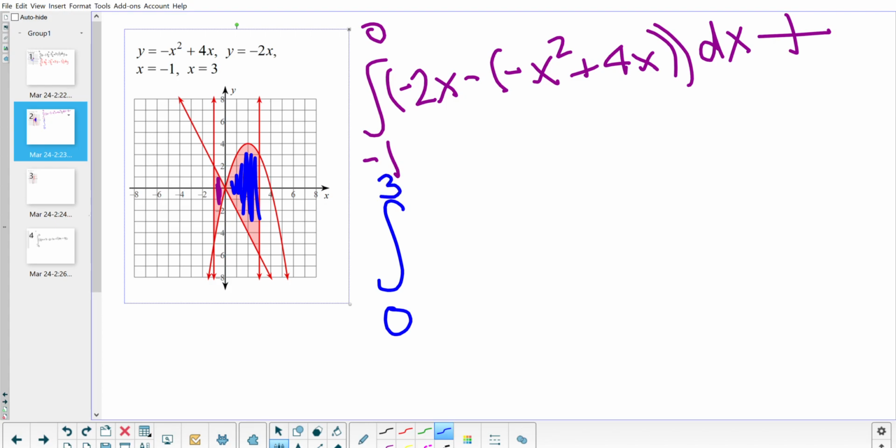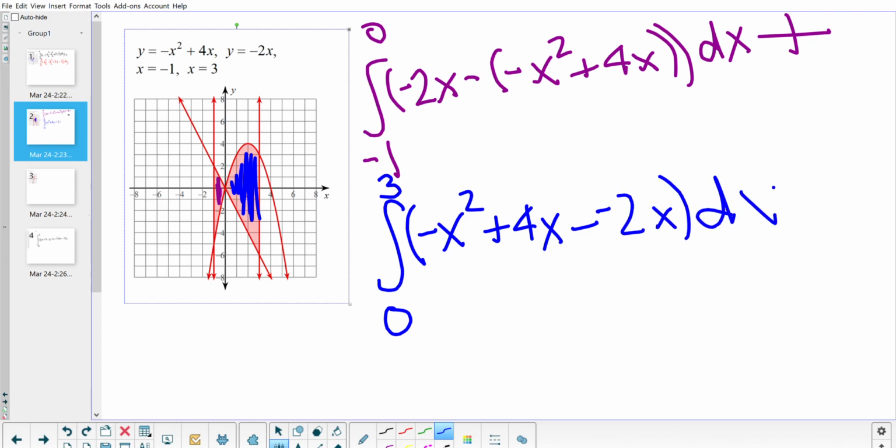And for that one, it is the quadratic minus the line. And you end up getting 21.33.